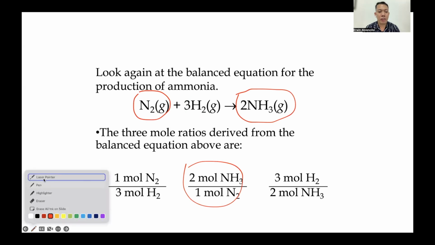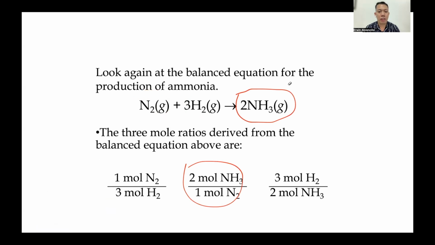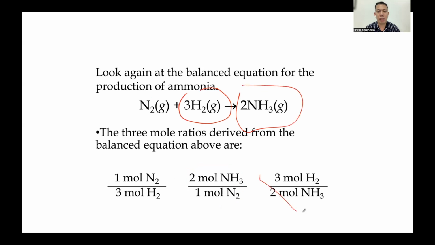And then we can identify another, which is 3 mole of H2 and 2 mole of ammonia. So meaning to say that you can identify 3 mole ratios in this given chemical equation.